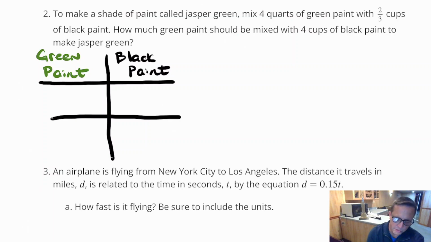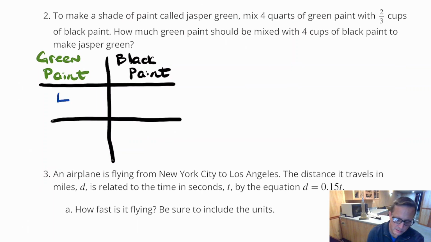So you've got 4 quarts of green, and you're going to mix that with 2/3 cups of black. Obviously there's a much higher green content than black, telling us that this is going to be more of a shade of green than a shade of black.